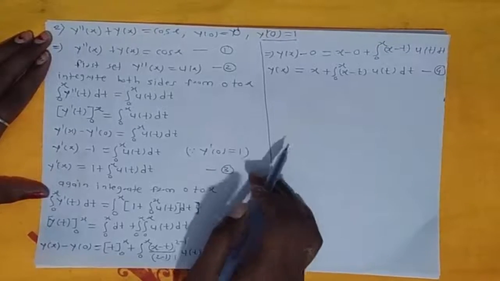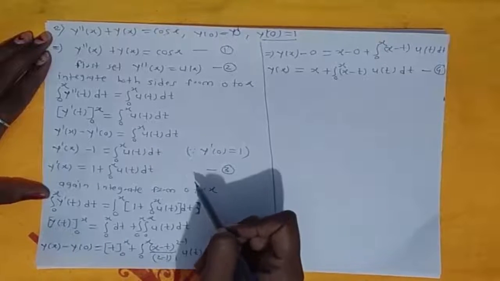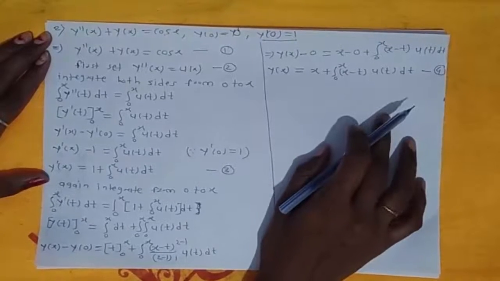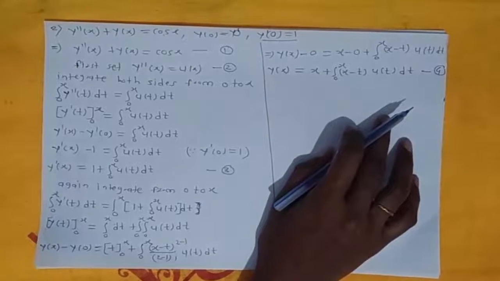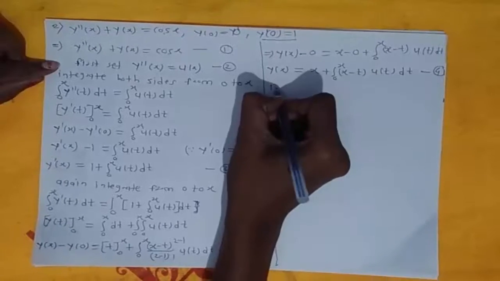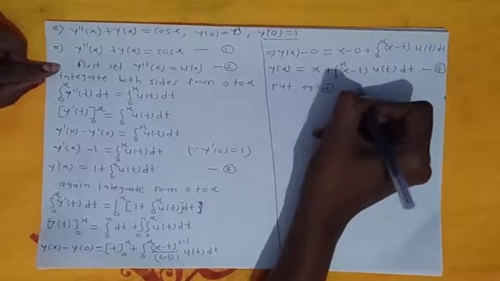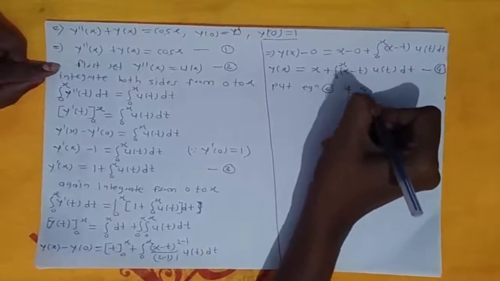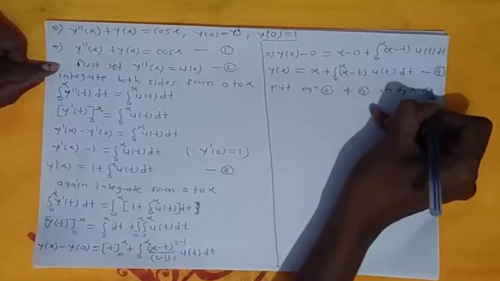Here we get the values of y double dash of x, y dash of x and y of x. In the given equation we have to use only y double dash, the second order derivative, and we put equation number 2 and equation number 4 in equation number 1.